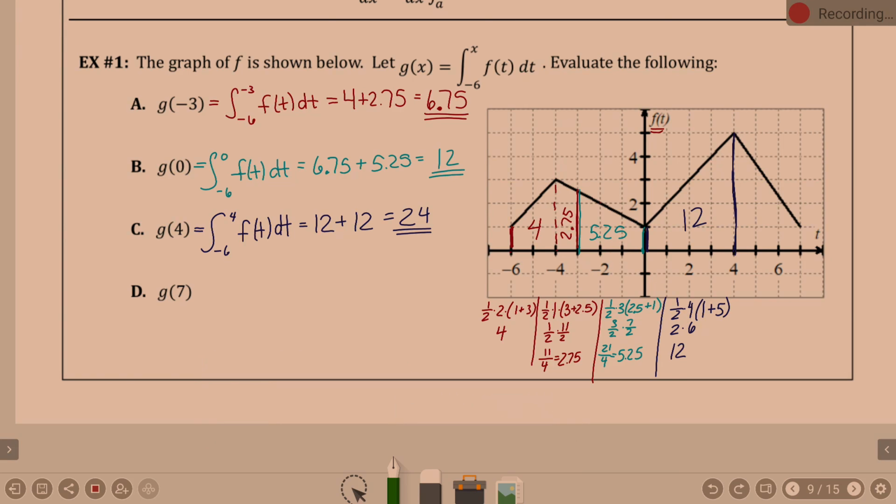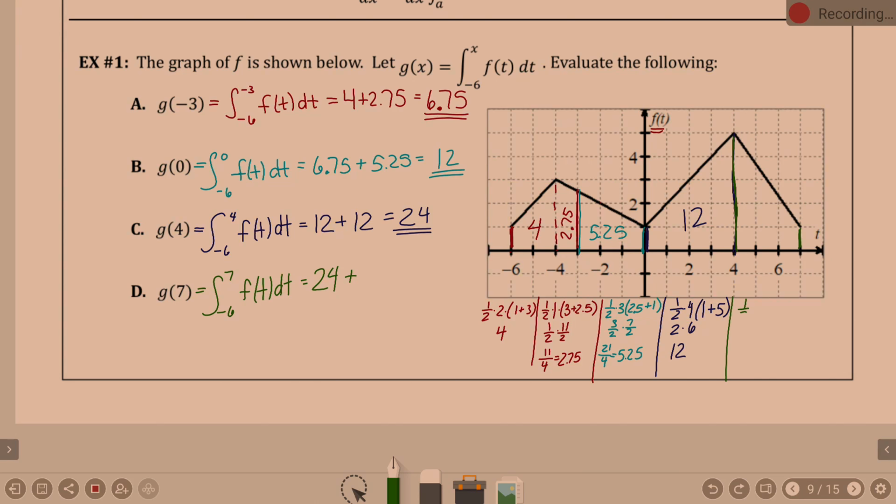Okay. And almost there. 7. The integral from -6 to 7, f of t dt. I'm guessing you guys are going to tell me to say trapezoid. 24 plus. Is there a trapezoid here? And it's not that you couldn't break it up into triangles and rectangles, but on the flip side, I think trapezoid practice is probably good for you, honestly. And it's faster.